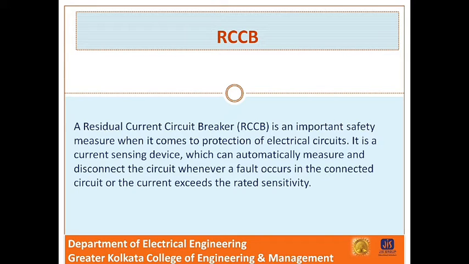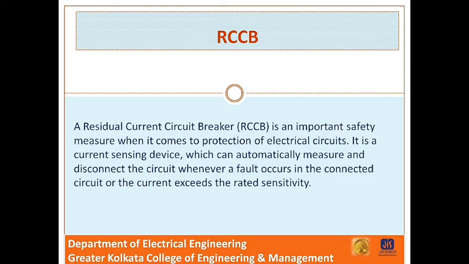Now, while electricity has become an indispensable component of our lives, the fact is it comes with its own hazards to human life and property. Electrocution and fire are the major risks associated with electricity.